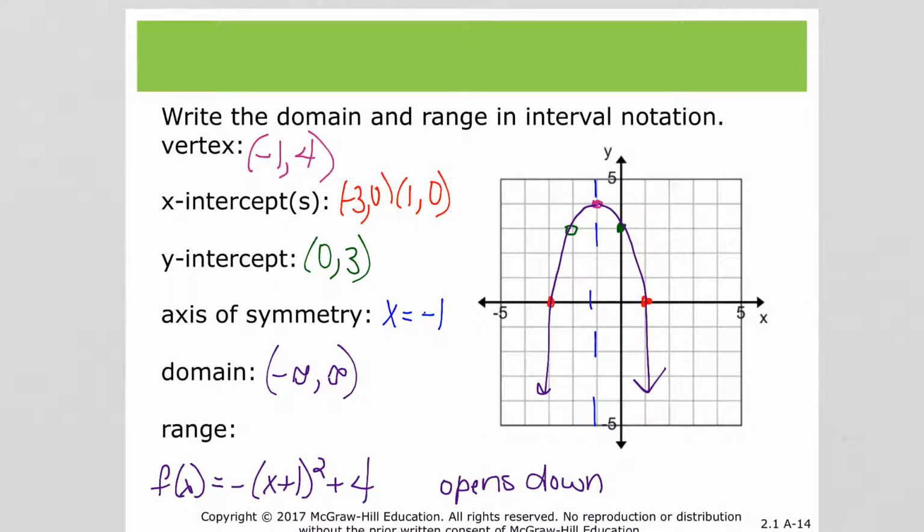And the range here is going to start up at 4 and go down. So we're starting with -infinity and going up to 4. And we're including 4, so we need to put that in brackets. Okay, so that's an example of how to take your function, complete the square, find everything, and graph it.